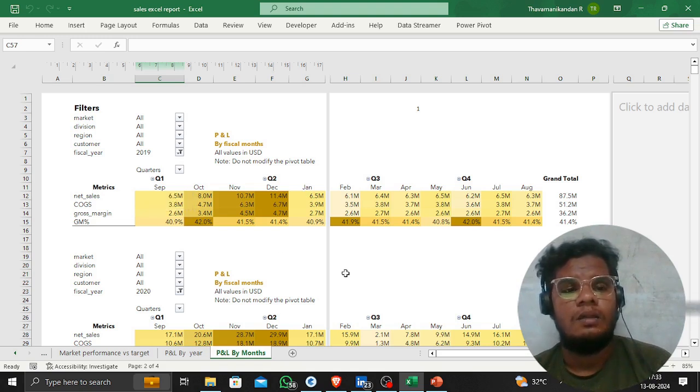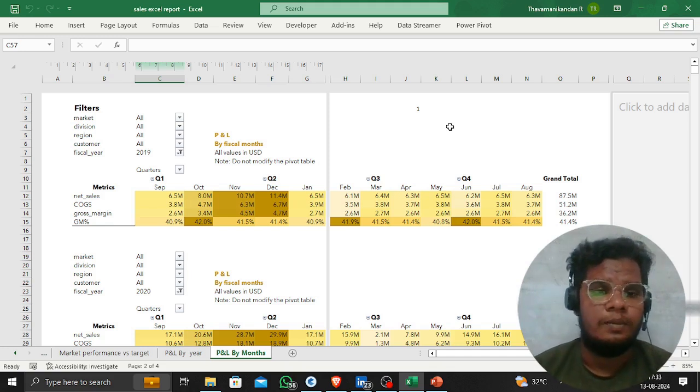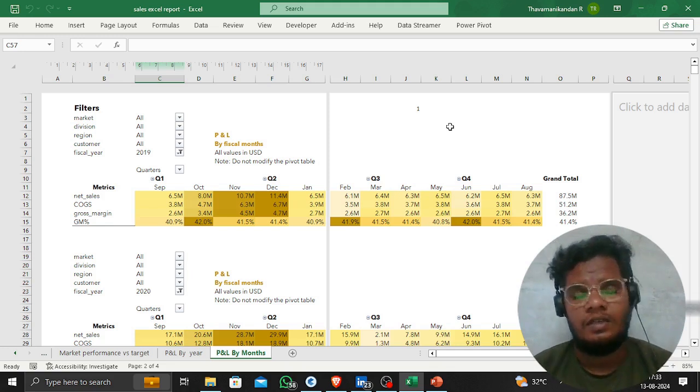All companies or organizations do not have the same financial year, because fiscal years always change depending upon the organization. Here the AtliQ fiscal year starts in September and ends in August.